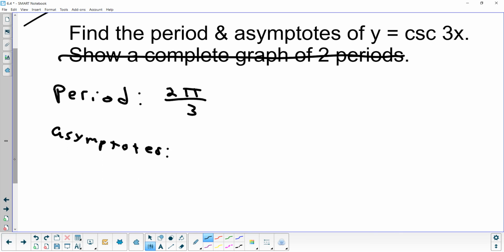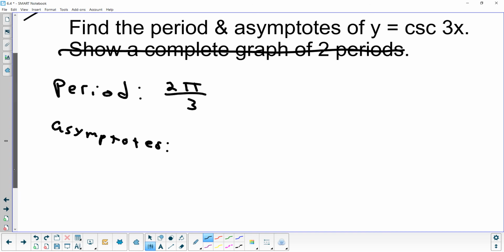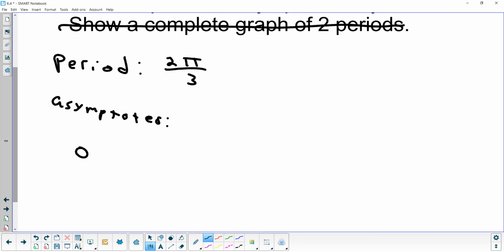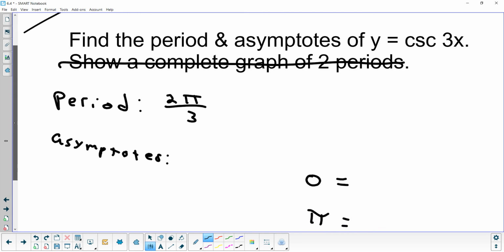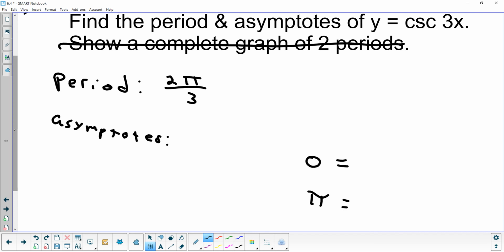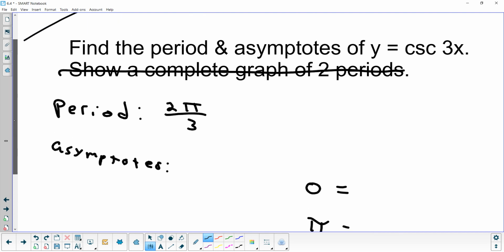What are my original asymptotes for cosecant? Yep, I have 0 and pi. Actually, I'm going to do this off to the side. What are we supposed to do with each asymptote to figure out where it moves to, because there is a transformation in this one? Yep, the argument. Exactly. Set each asymptote equal to the argument.